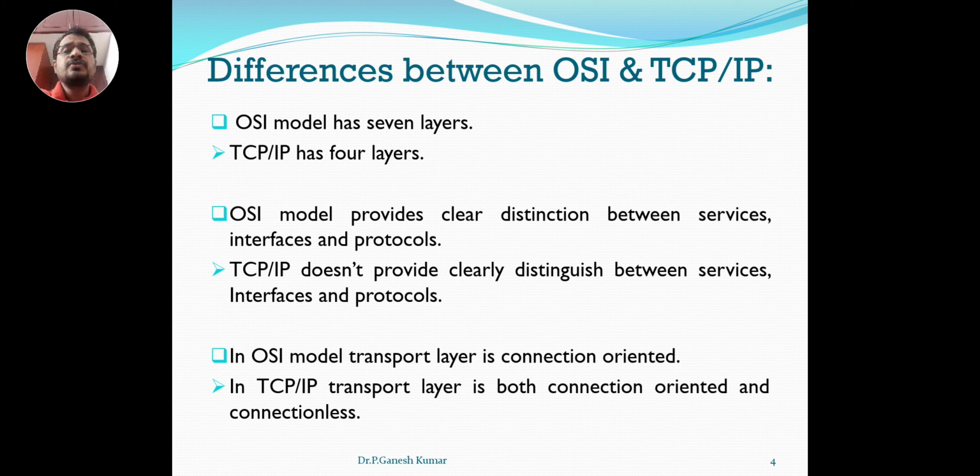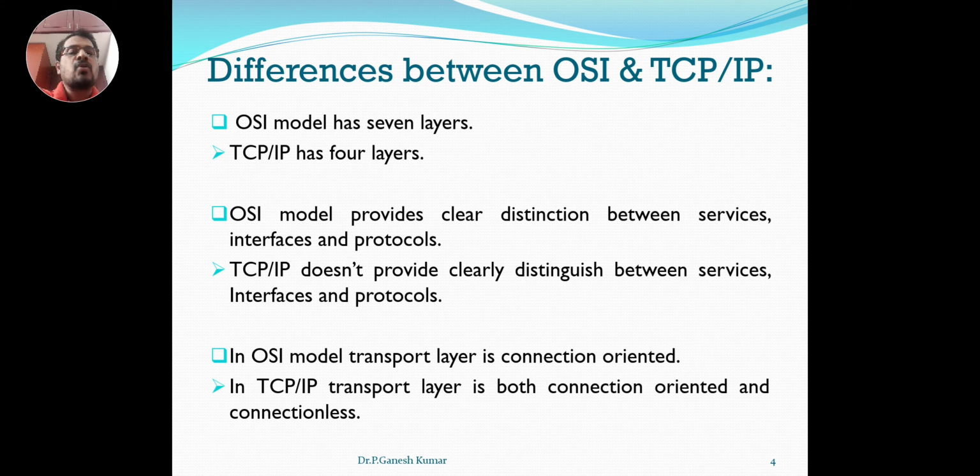If you use a 4G network to access the internet, the host to network layer is compressed into a single layer. Whereas in the OSI reference model, it doesn't look like this. So TCP/IP doesn't provide a clear distinction between the services, interfaces and the protocols.